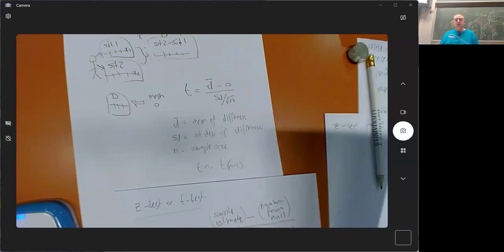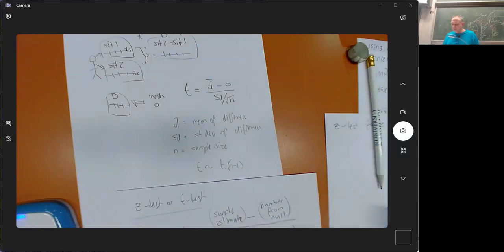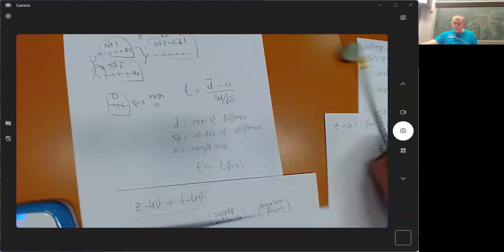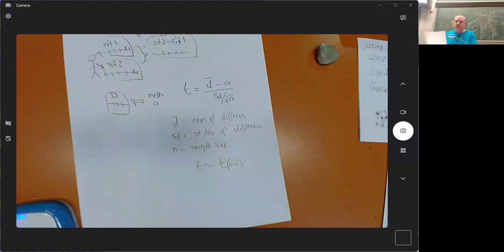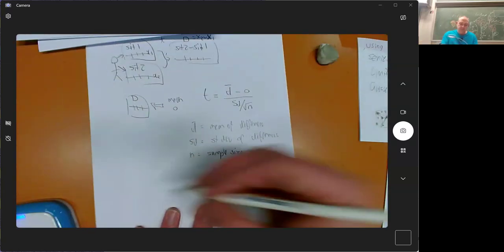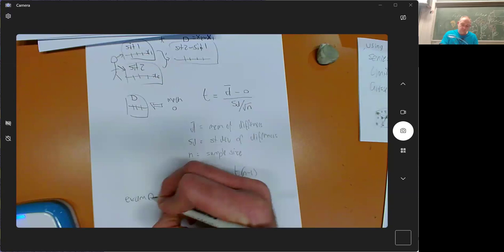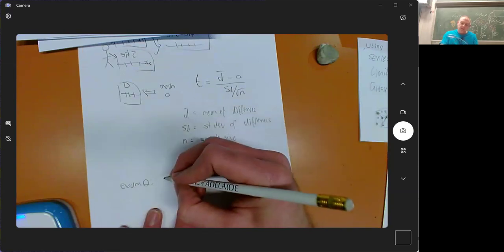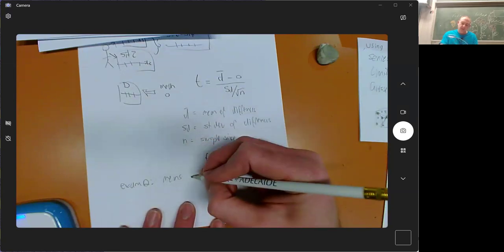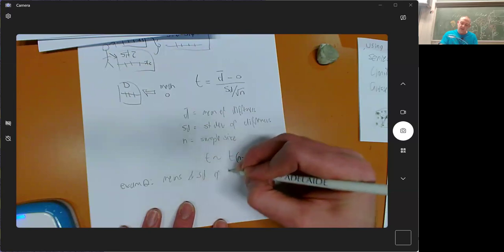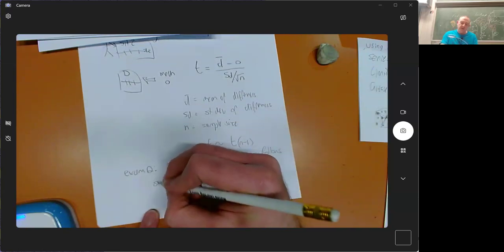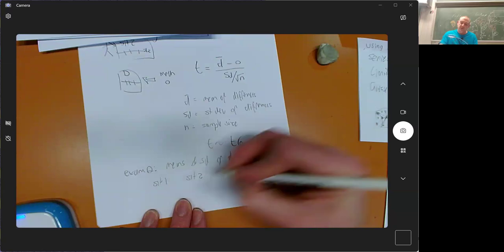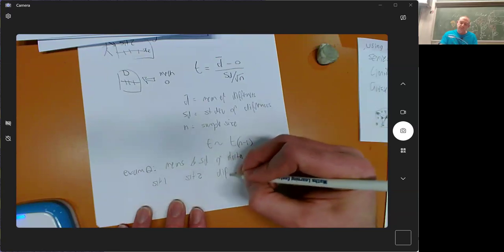Yeah. So it is a classic exam question for them to say, means and standard deviations of data as follows, and it'll say situation 1, situation 2, and the difference.